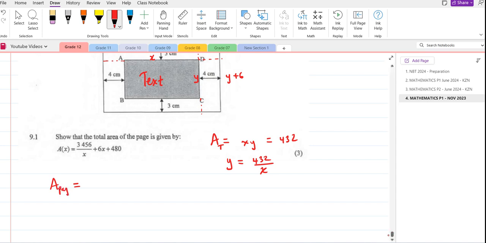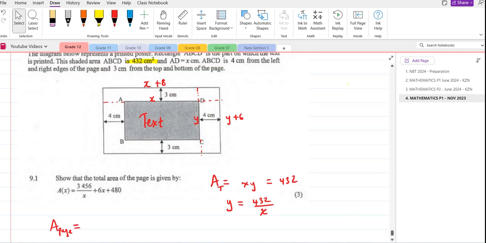Now the area of the page is equal to x plus 8 into y plus 6.